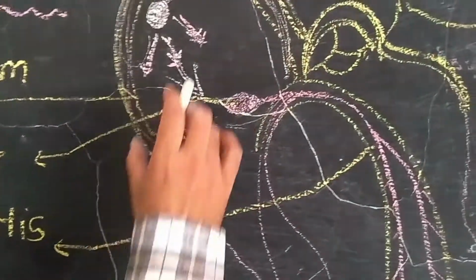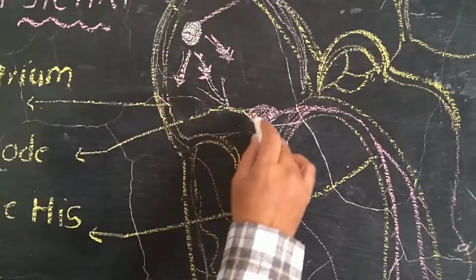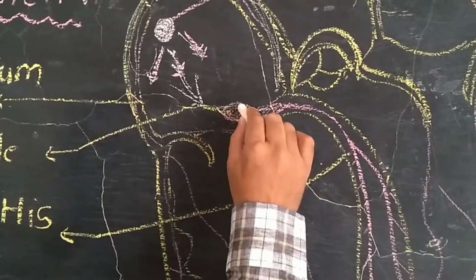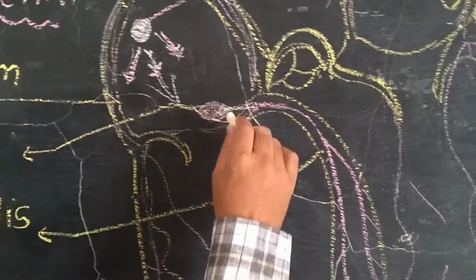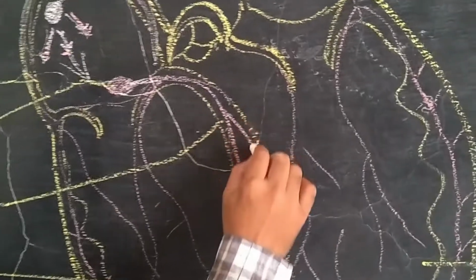Then this AV node receives the wave of contraction. From this AV node, muscle fibers arise and are divided into two branches.